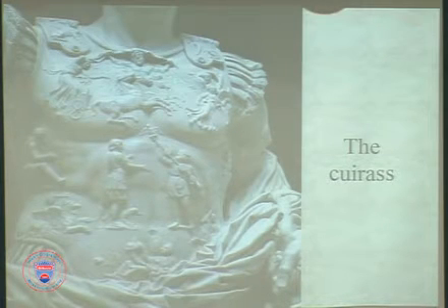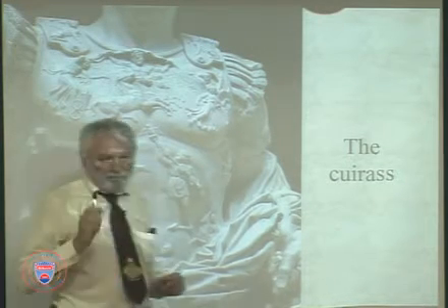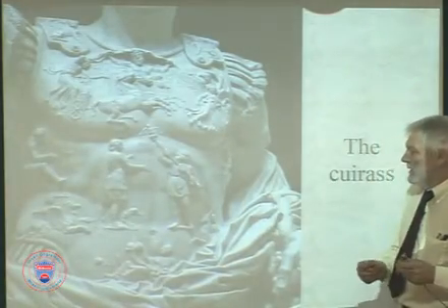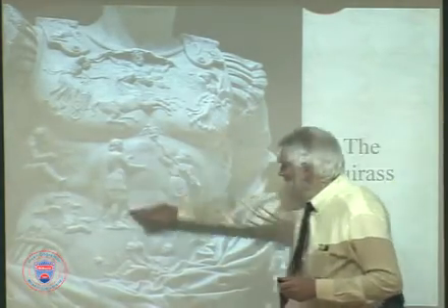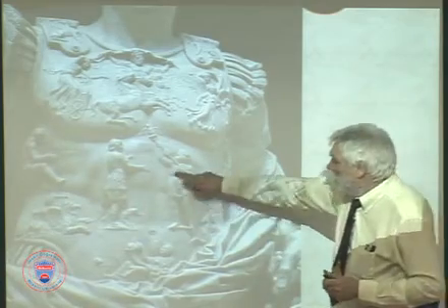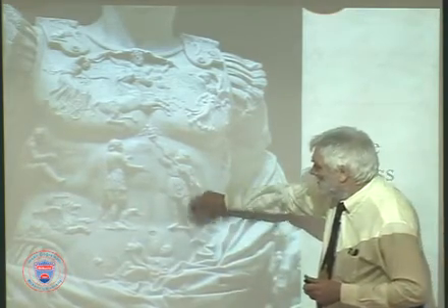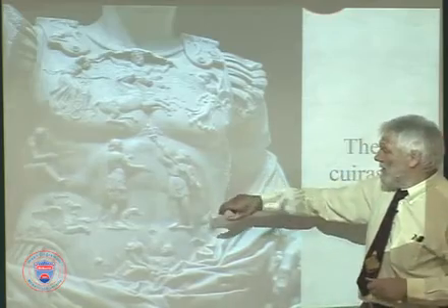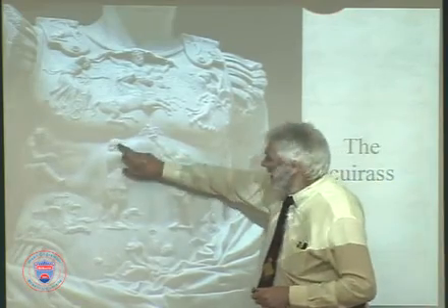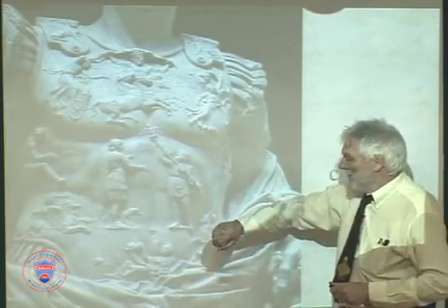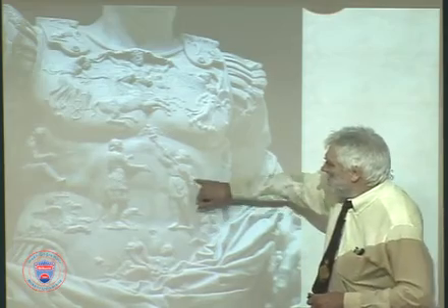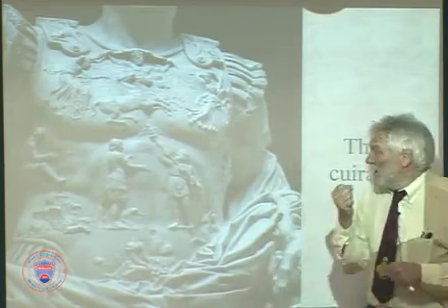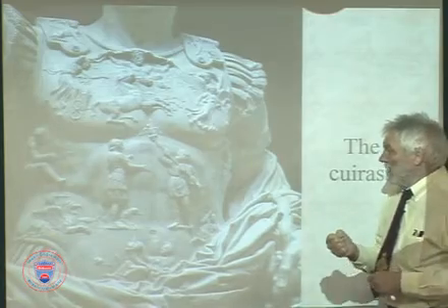But the real thing that we need to look at is this, the cuirass. Cuirass or breastplate. The central scene shows you a man in Eastern clothing, baggy trousers, baggy tunic, long hair, long beard, facing a Roman soldier. This man is holding a Roman legionary standard, the emblem of a legion.